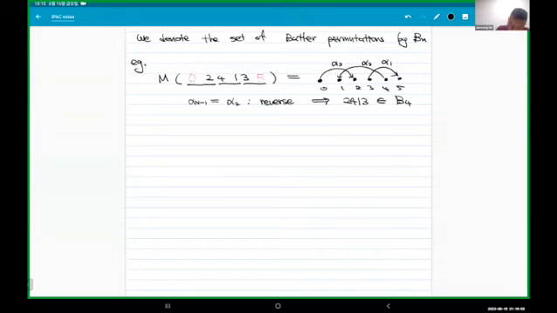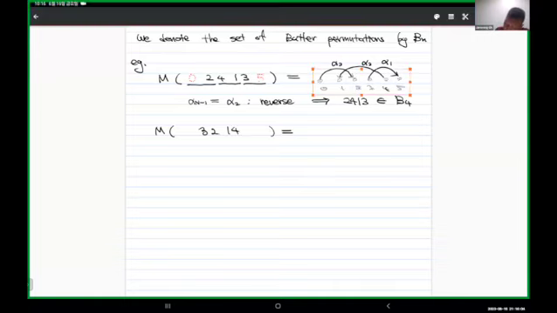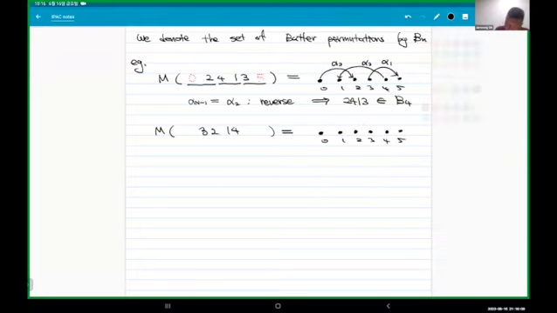And for another example, 3, 2, 1, 4. So we have to draw the perfect matching. Consider 0 and 5 here, and connect 0, 3, 2, 1, 4, 5, like this.